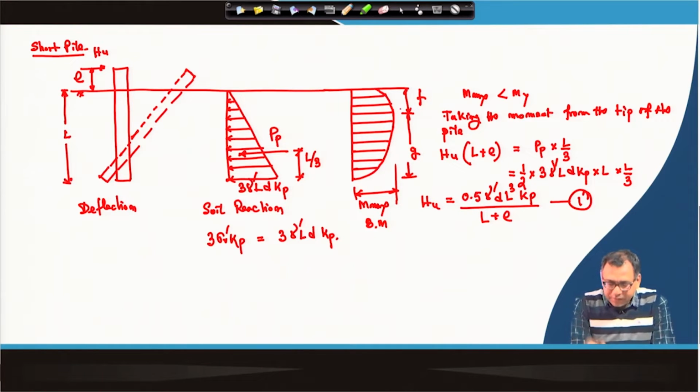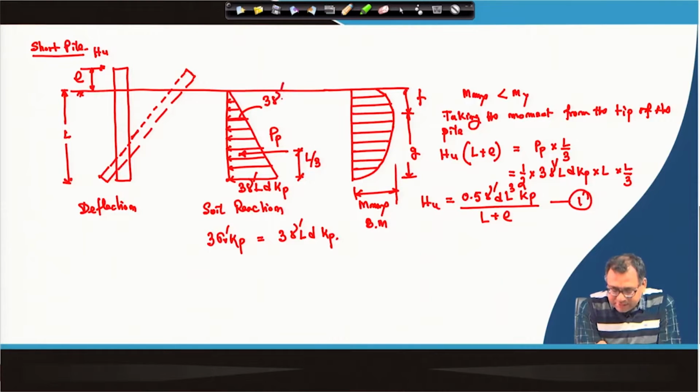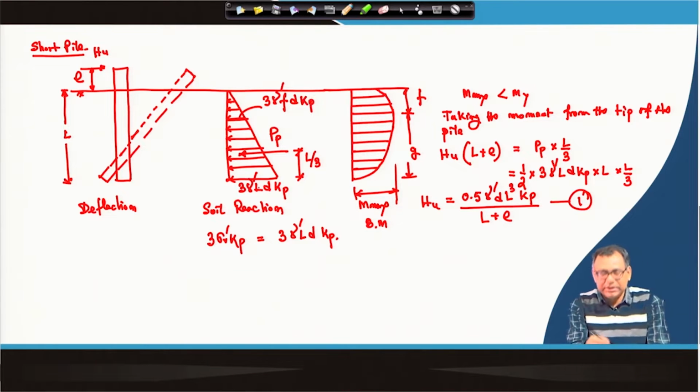So, to determine the maximum moment, what is the stress at this F point? The stress at F point is gamma dash F d K p, because now Z is equal to F, because at F the maximum moment is acting.